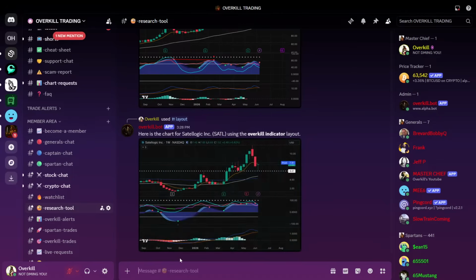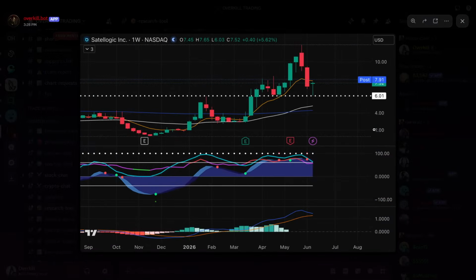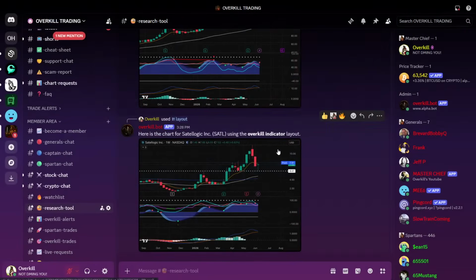I'm constantly working to upgrade this and make this literally the best tool you could possibly have in finance. You could do everything you need to do from fundamental research to technical research right over here in the Discord, and you could pull up charts in seconds. Now that our channel's grown so much, I don't really have time to answer everybody's requests anymore.